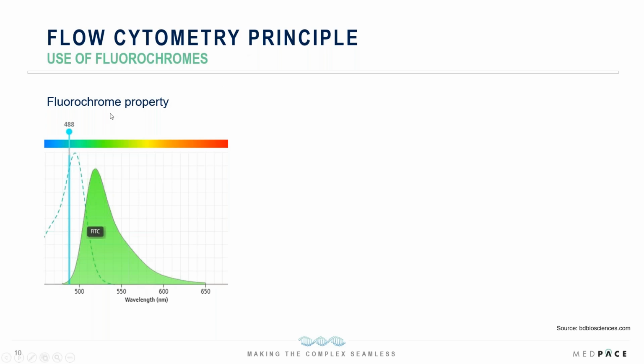Well, fluorochromes are small molecules that have spectral properties that enable them to be excited by a specific wavelength and then emit light at a different specific wavelength. So shown here is the fluorochrome FITC that gets excited by 488 nanometers and emits its peak emission around 540.